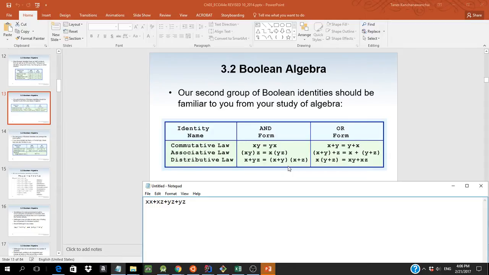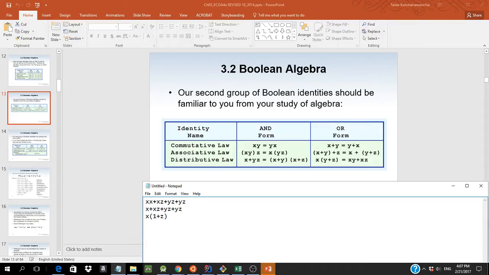So x times x we get x. Now we see that we have a common factor right there. This common factor is x, and the same as this, the common factor is y. It's easier when I write it out. So that's why we said x times (1 plus z).